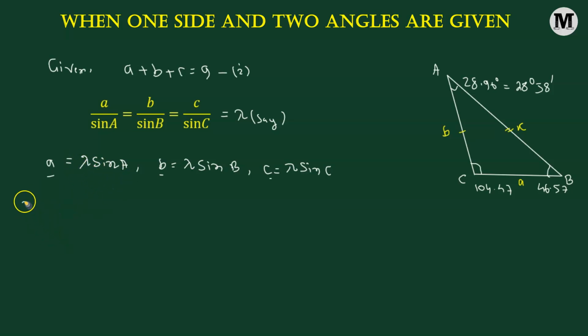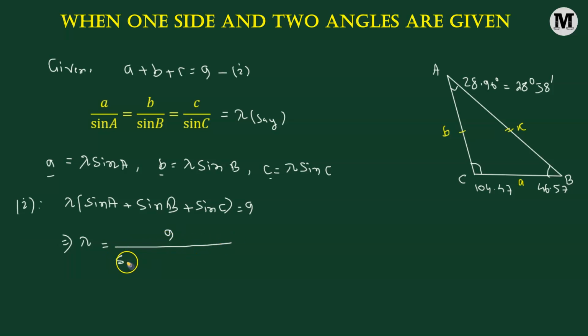So we're going to substitute this back into equation number 1 such that we get lambda multiplied by sine of angle A plus sine of angle B plus sine of angle C, and that is equal to 9, which means that lambda must be equal to 9 divided by sine of angle A, so here angle A is 28.96 degrees, plus sine of angle B, so B here is 46.57 degrees, plus sine of angle C, so angle C corresponds to 104.47 degrees.